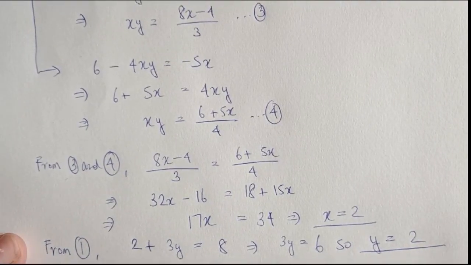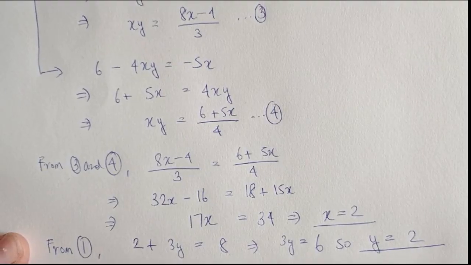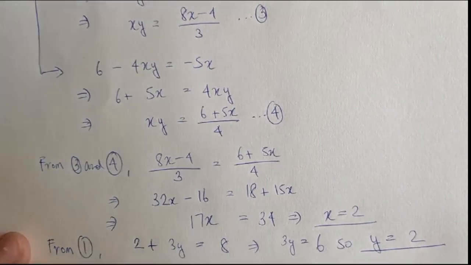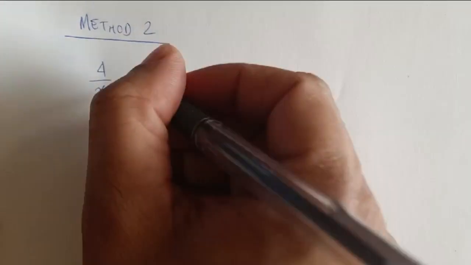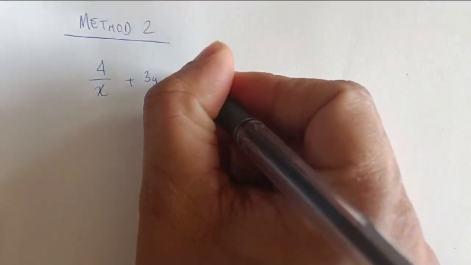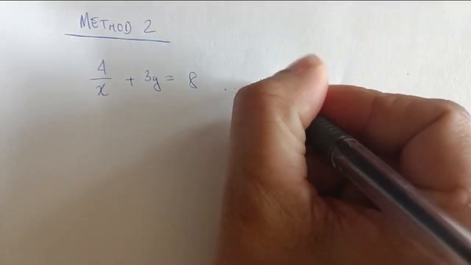So this is our first method, which is a bit longer, as I said. Now moving on to method 2. We will just write these two equations again, which is 4 by x plus 3y is equal to 8. This is 1.